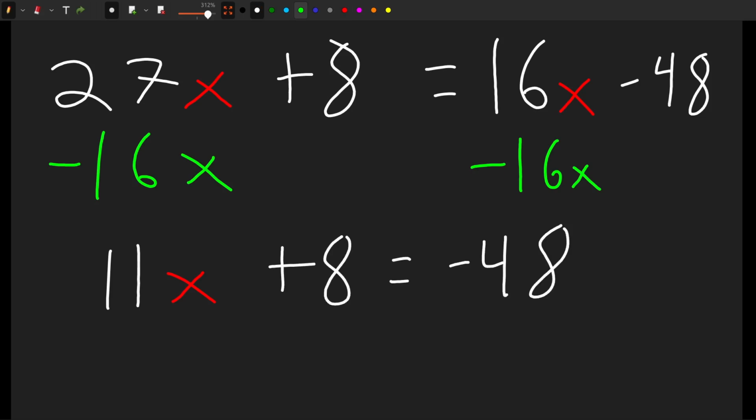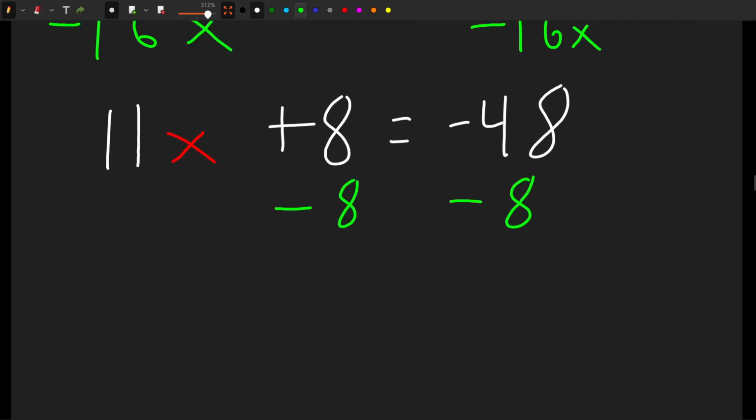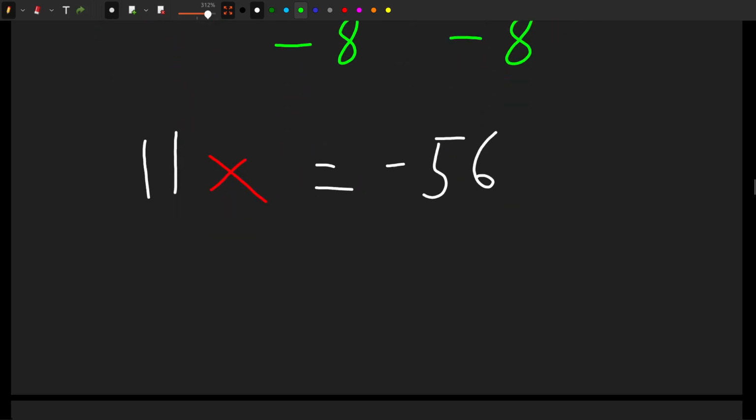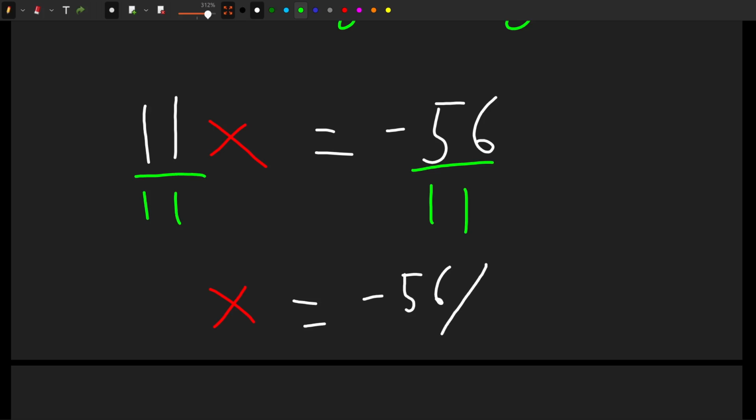I'm just going to write out what I had left. 8 minus 48. I'm now just going to subtract 8 from both sides. And I'm going to be left with 11x is equal to negative 56. Okay. Second to the last thing I need to do is just divide by 11. And I am left with x is now equal to negative 56 over 11.